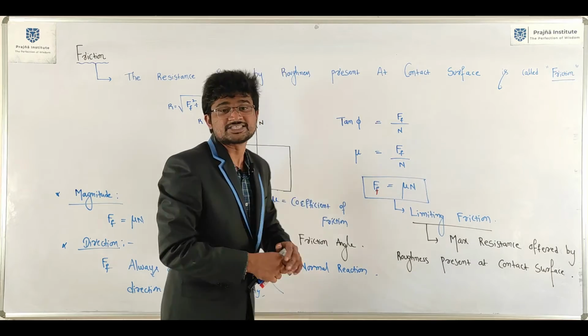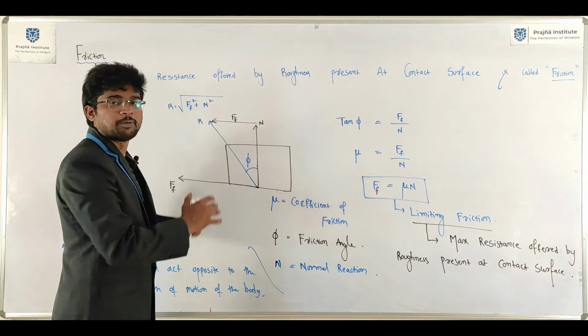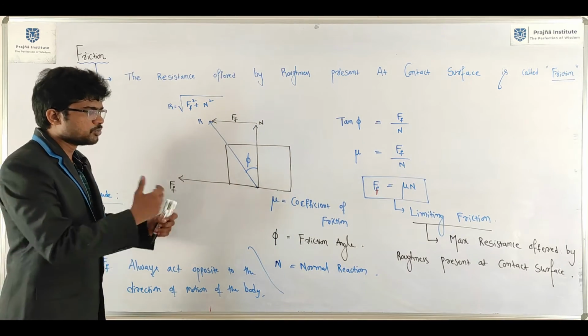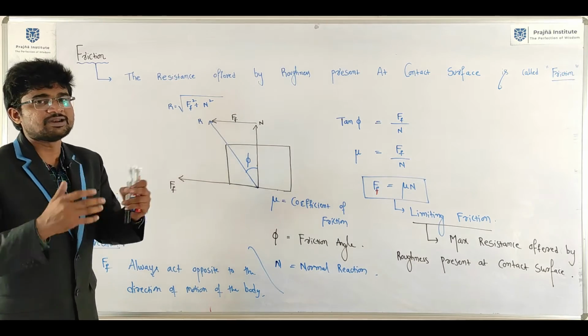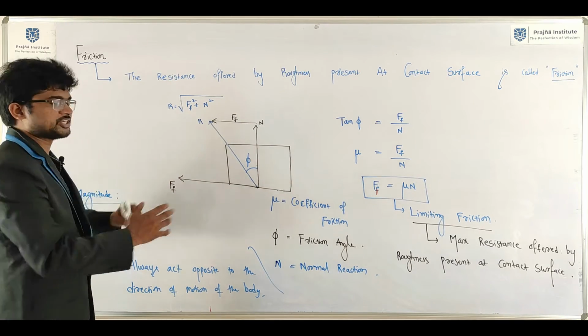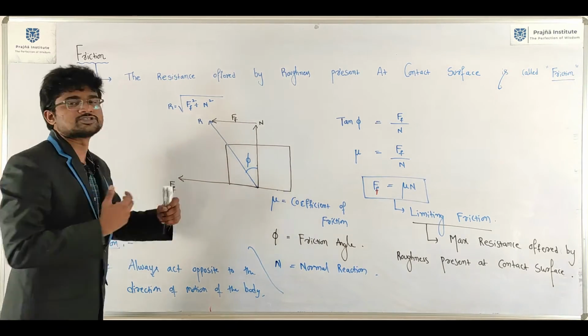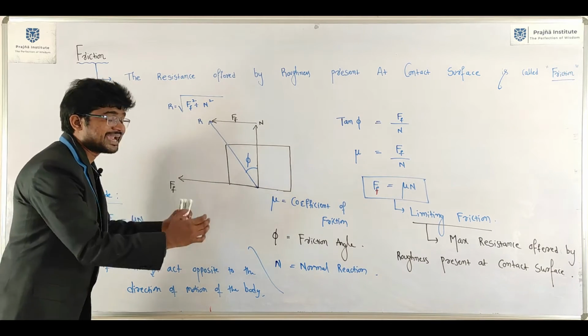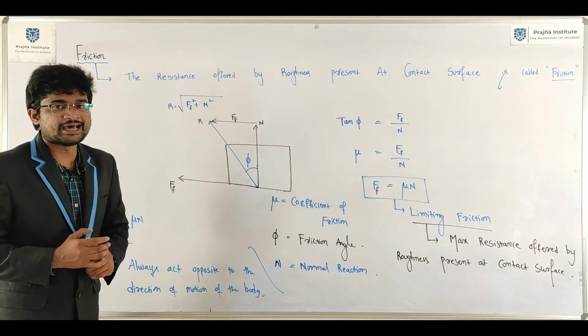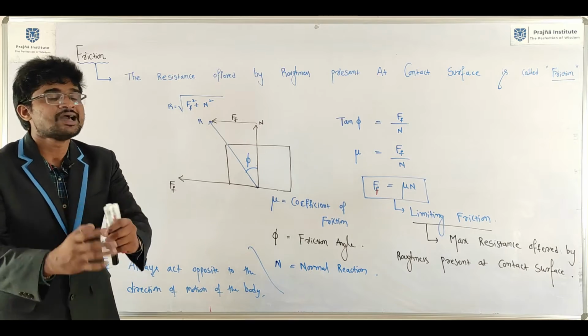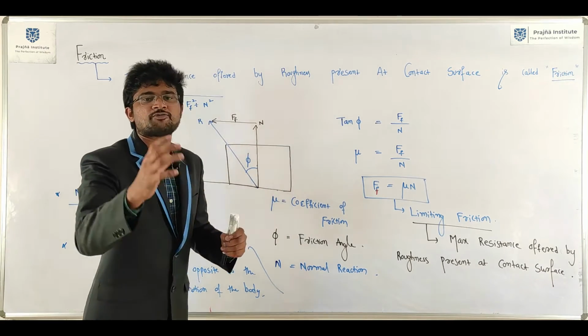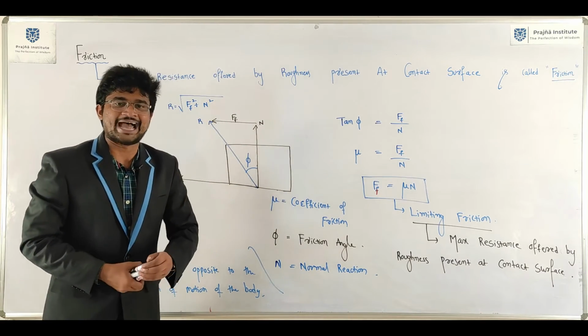You should feel limiting friction. For that, we can solve one good problem. First you move slowly, then you will get the complete picture about friction: where we need to take frictional force, where we need to neglect it, and how to incorporate frictional force in a free body diagram.